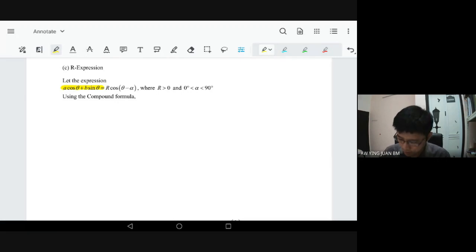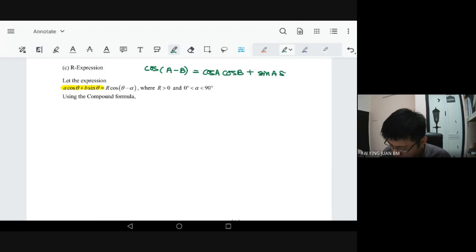Faham? Compound angle. So kalau compound angle, you rujuk cos bracket A minus B equals to cos A cos B plus sin A sin B. So ini adalah formula dalam compound angle. So di sini kita teruskanlah, ya.